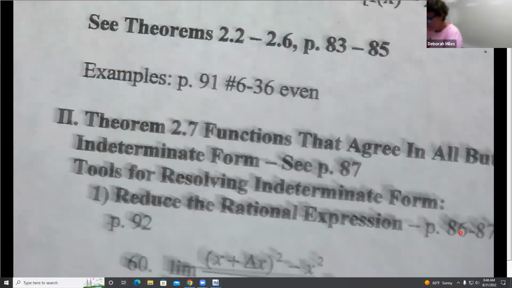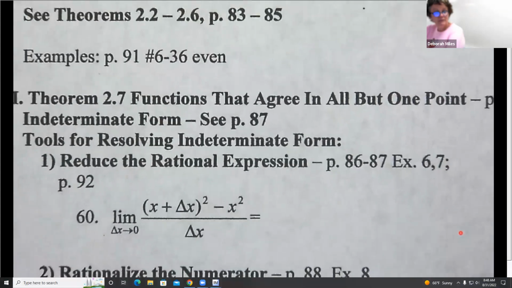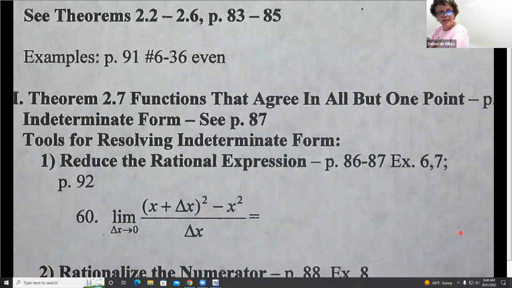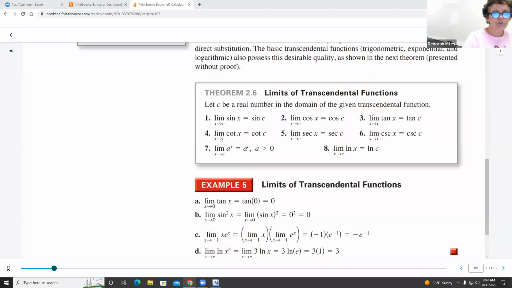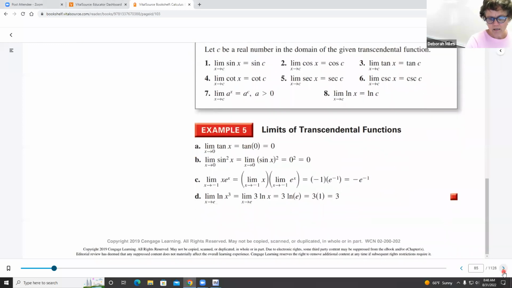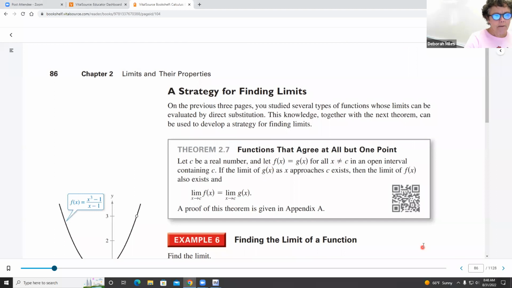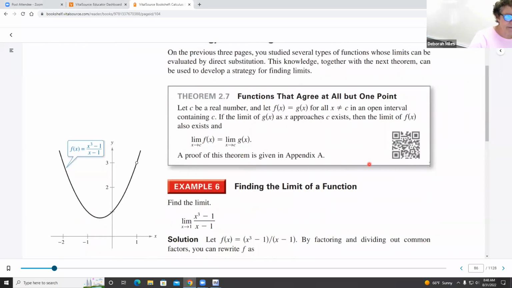All right. Theorem 2.7 is functions that agree at all but one point. I should have shown you that before I went away from the book. Theorem 2.7 says if the function f of x will reduce to the function g of x, maybe f of x is a rational function and you can factor and cancel in such a way that g of x is the simplified version of f of x.